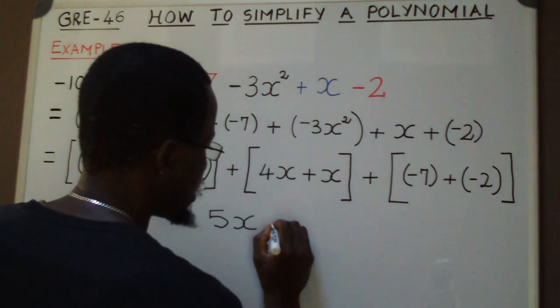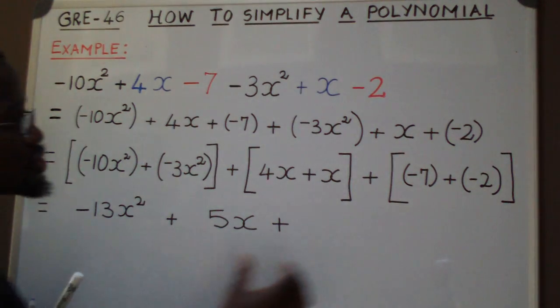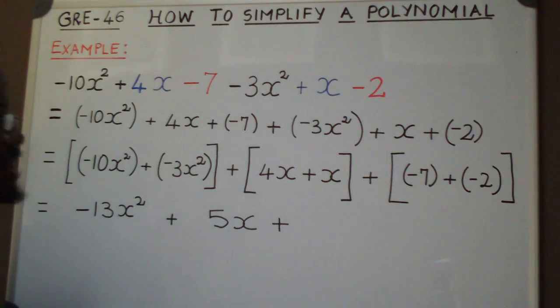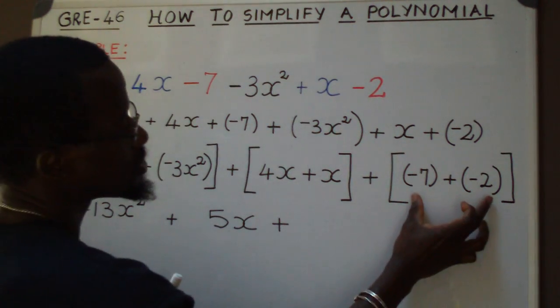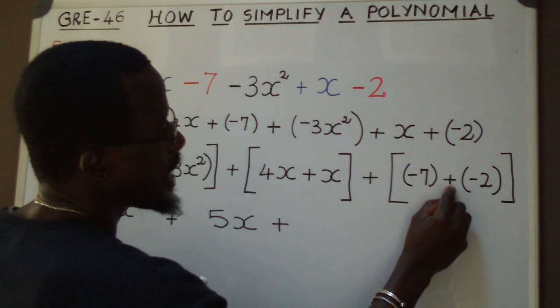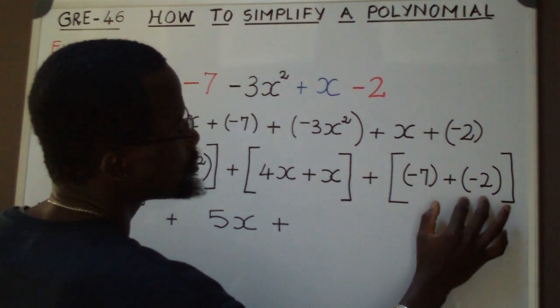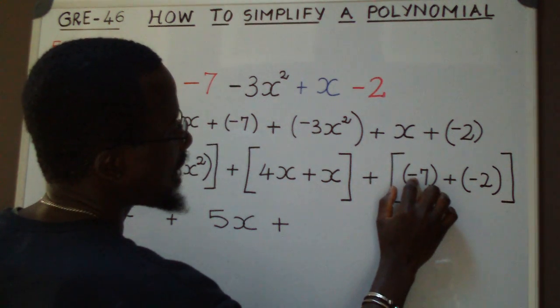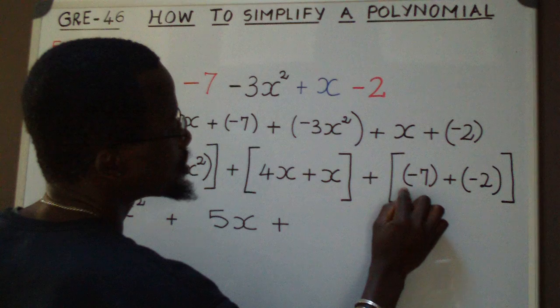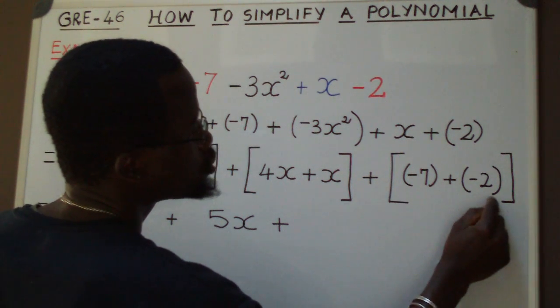And now with the last square bracket, how are you going to simplify it? Well, look at the contents of the last square bracket. It is negative 7 plus negative 2. To interpret this, because I have negative numbers, I'm going to say I lose 7 and I lose 2.